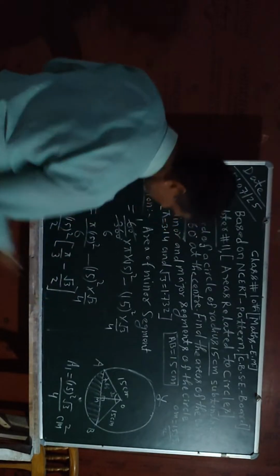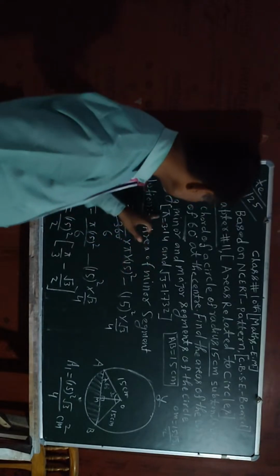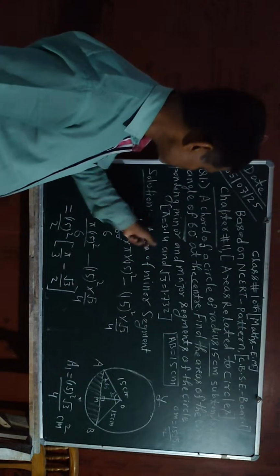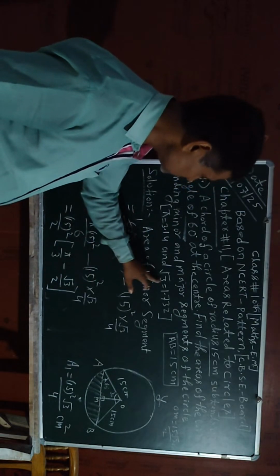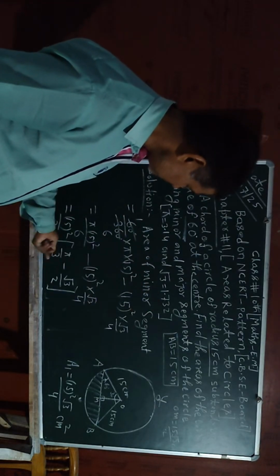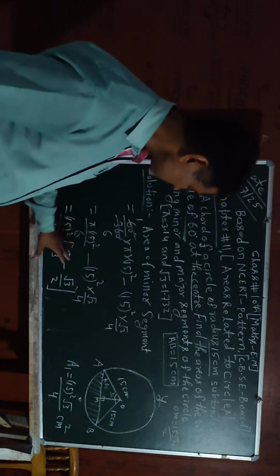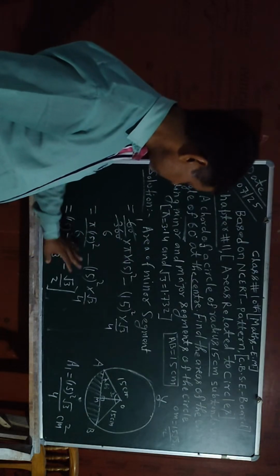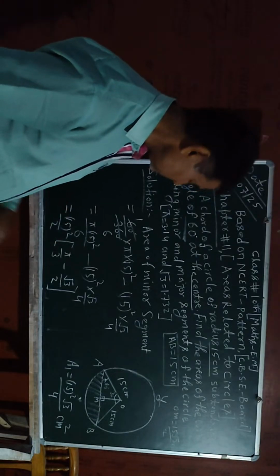Further I will solve it because the value of pi I have taken is 3.14, and also the value of root 3 I will consider 1.732. Then I will divide the first term by 3 and the second term by 2, and then I will subtract the second term from the first term. Then I will get some value, and that value I will multiply with this term, then we will get its answer.